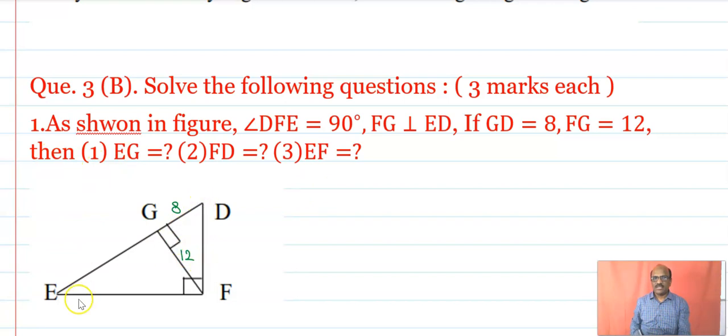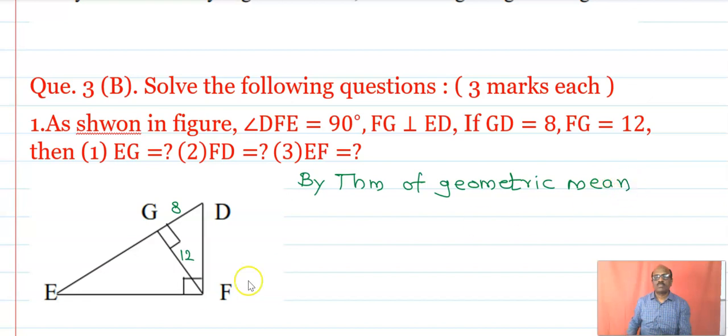Now what's happening in triangle DEF? FG is perpendicular to DE, and therefore triangle DEF is a right angle triangle, and therefore by the theorem of geometric mean, FG square is equal to GD into EG.